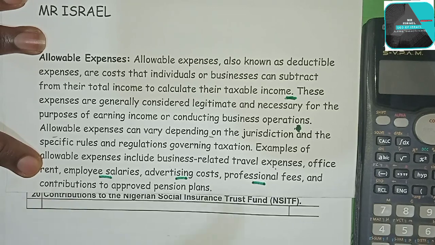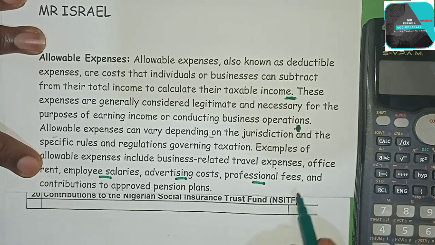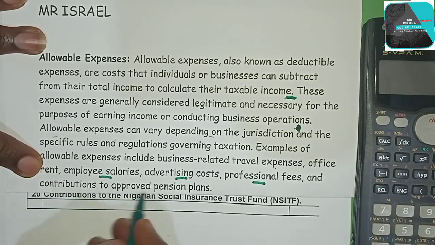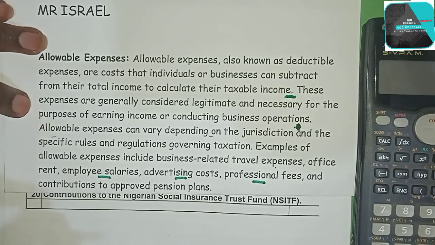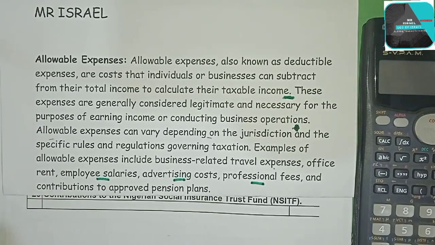They are peculiar to the business. And contributions to approved pension plans. So these expenses now are what? Associated with the business. It is because of the business that all these expenses are being incurred.